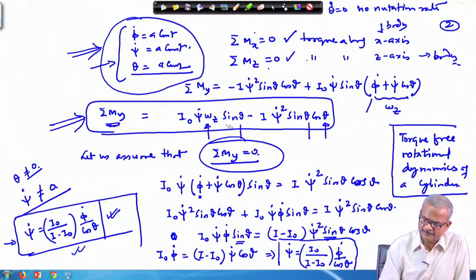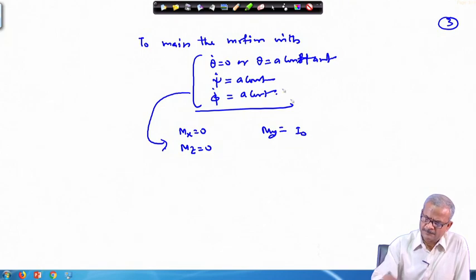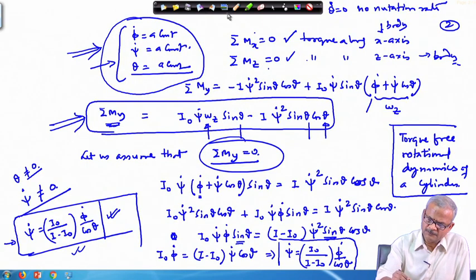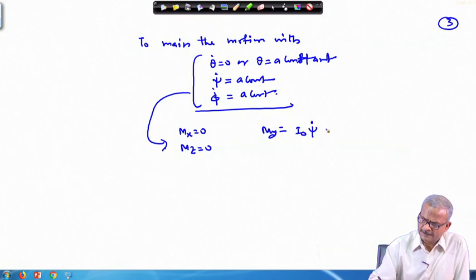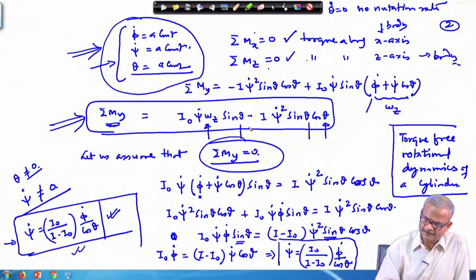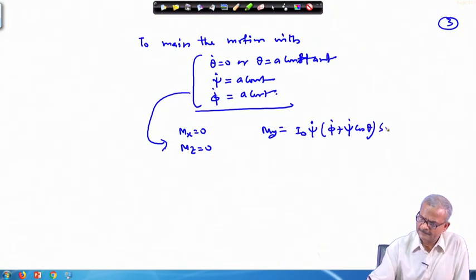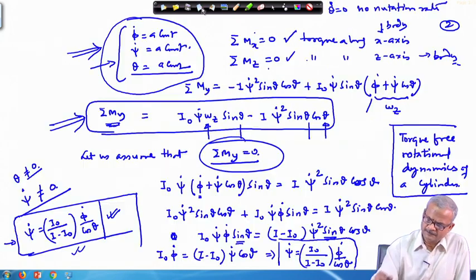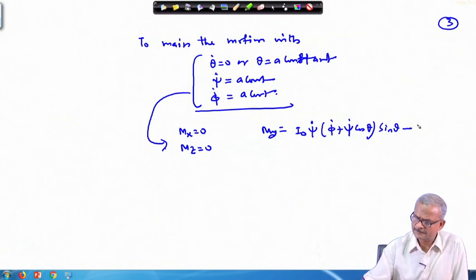So, I0 times psi dot omega z, where omega z is phi dot plus psi dot cos theta, multiplied by sin theta, minus I times psi dot square sin theta cos theta.